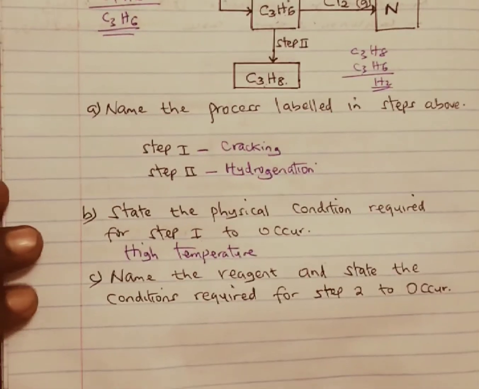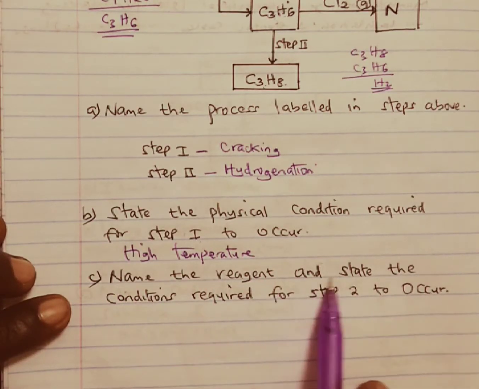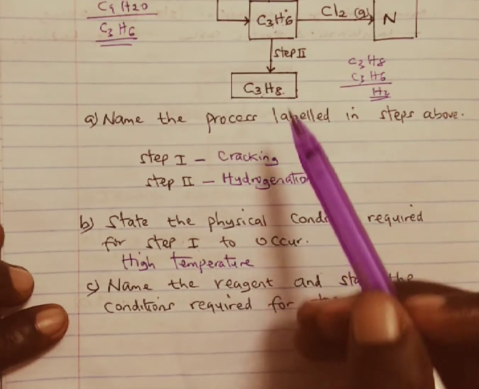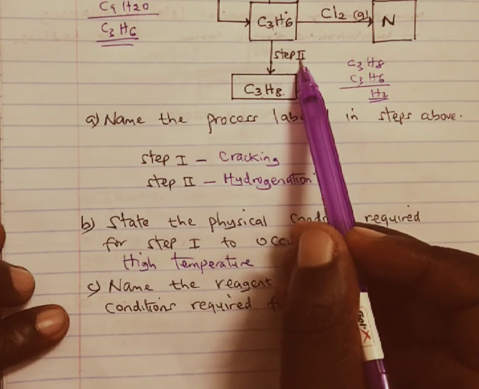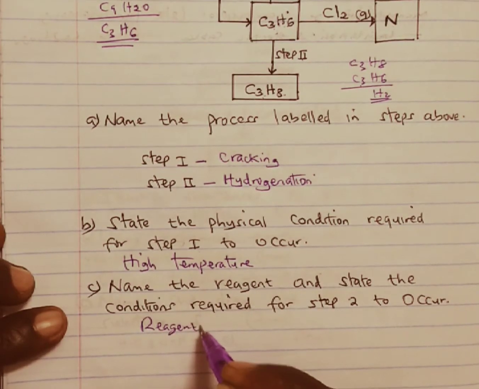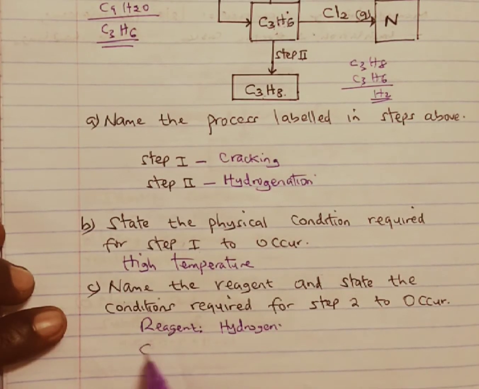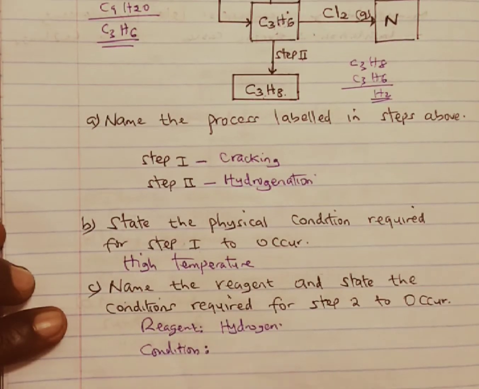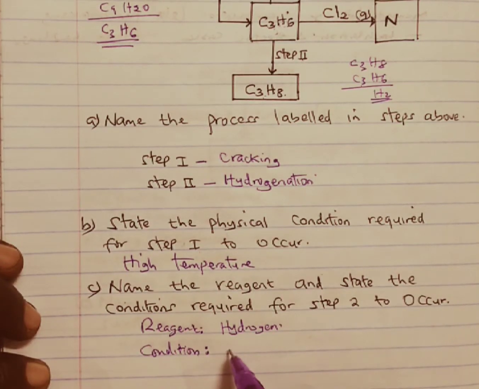Next we have this question here. Name the reagent and state the conditions required for step 2 to occur. Step 2 is hydrogenation, and hydrogenation requires number 1, the reagent. The reagent is hydrogen, and the condition in this case, it should be done in the presence of a catalyst, and the catalyst here is nickel catalyst.